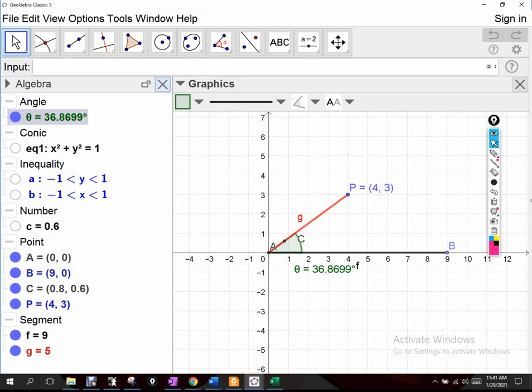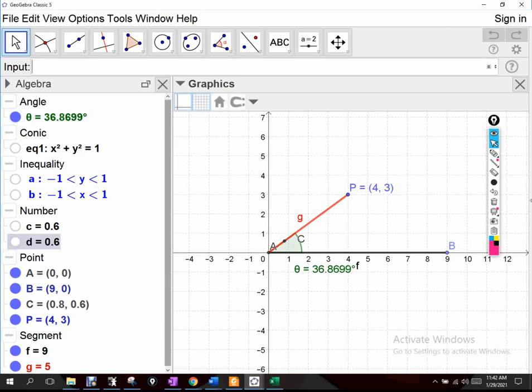If we were to type in, so we know that y divided by r gave us 0.6, right? Well, if I type in sine of 36.8699, or just sine of theta, does it give me the same 0.6? Okay.